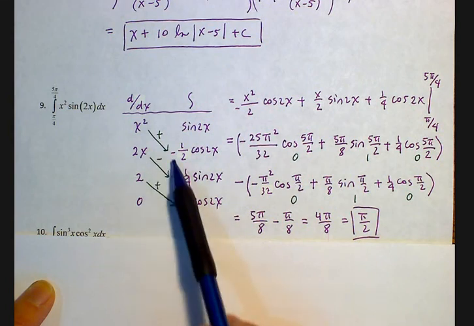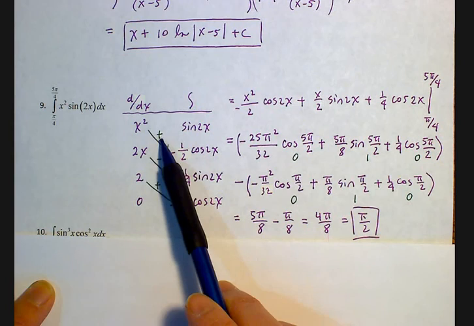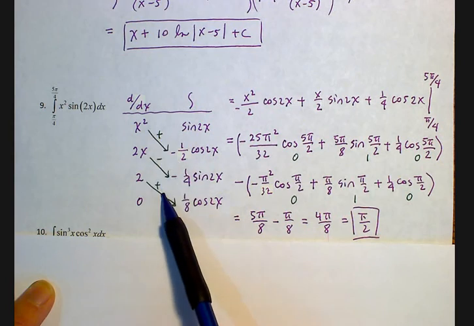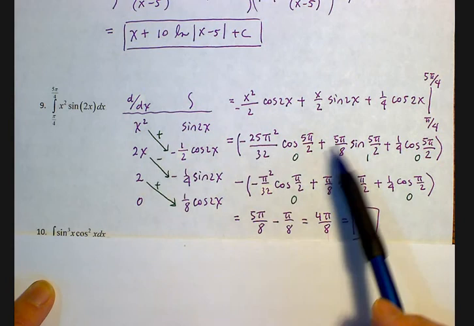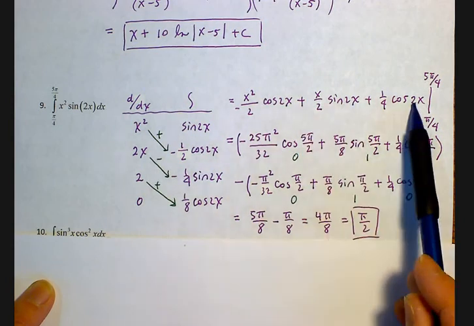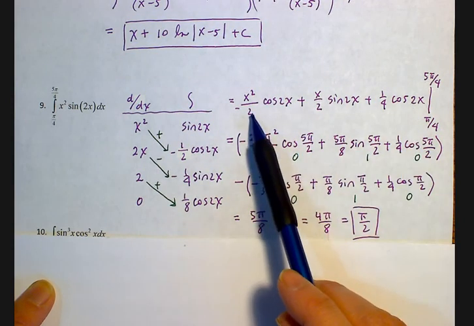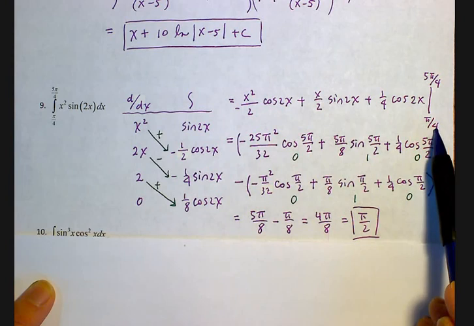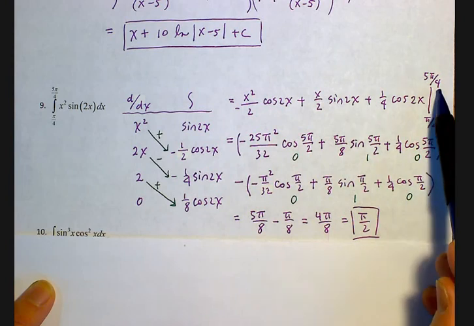So I draw in my arrows and then make it go plus, minus, plus, and then I'm going to take the product. So this line right here is the product, and then I need to evaluate it from pi over 4 to 5 pi over 4.